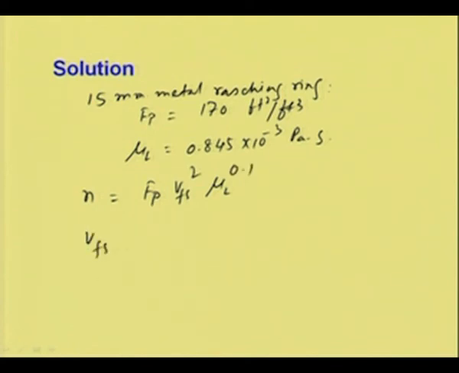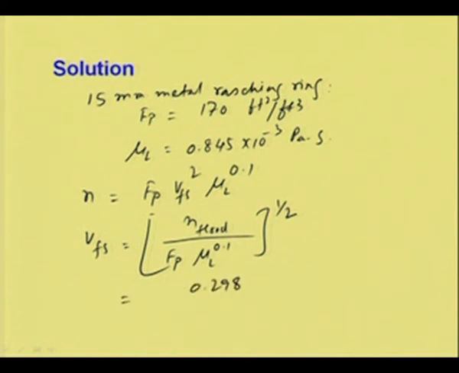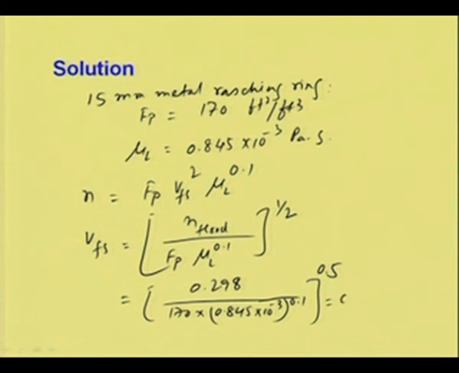So, Vfs we can calculate as N flood divided by Fp mu L to the power 0.1, whole to the power half. So, this will be 0.298 divided by 170 into 0.845 into 10 to the power minus 3 to the power 0.1, whole to the power 0.5. This will be equal to 0.06 meter per second.